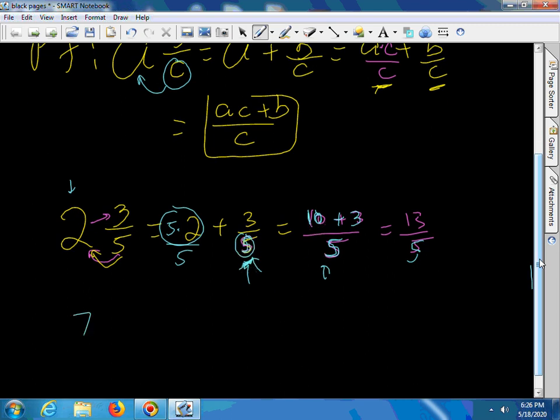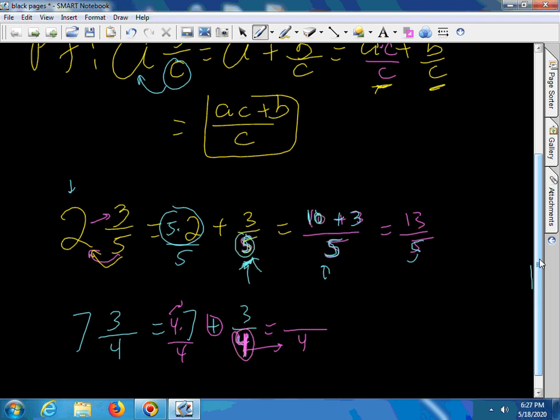Another example, you've got 7 and 3/4. This is 7 plus 3/4. Now, in order to have a common denominator, whatever this denominator is, I multiply the 7 by 4 over 4. So now, in addition, the denominators are the same. That becomes the denominator. And then whatever this number is, you multiply it by 7.